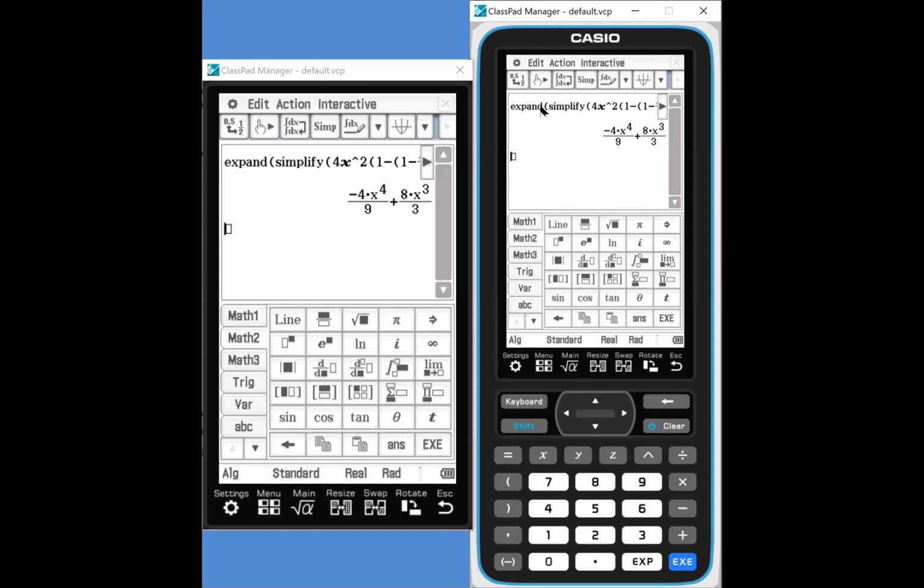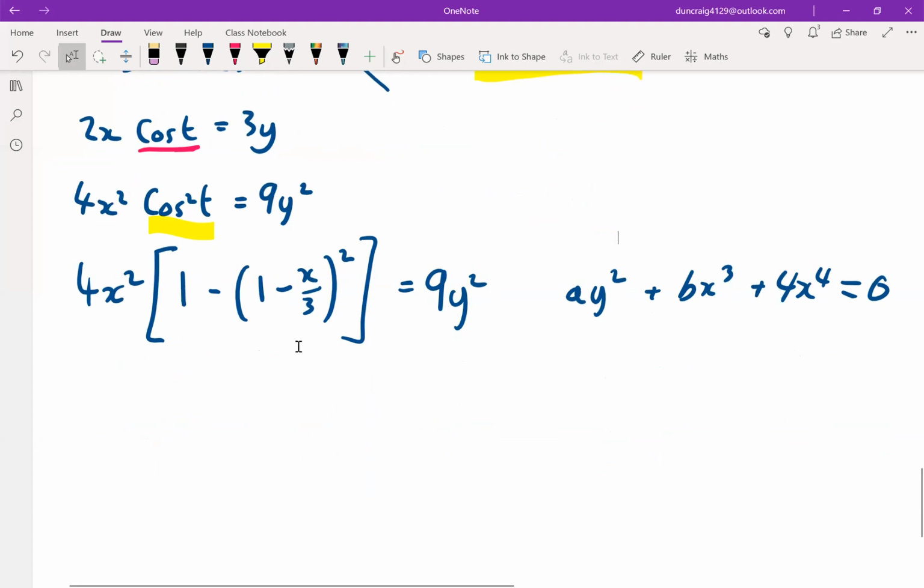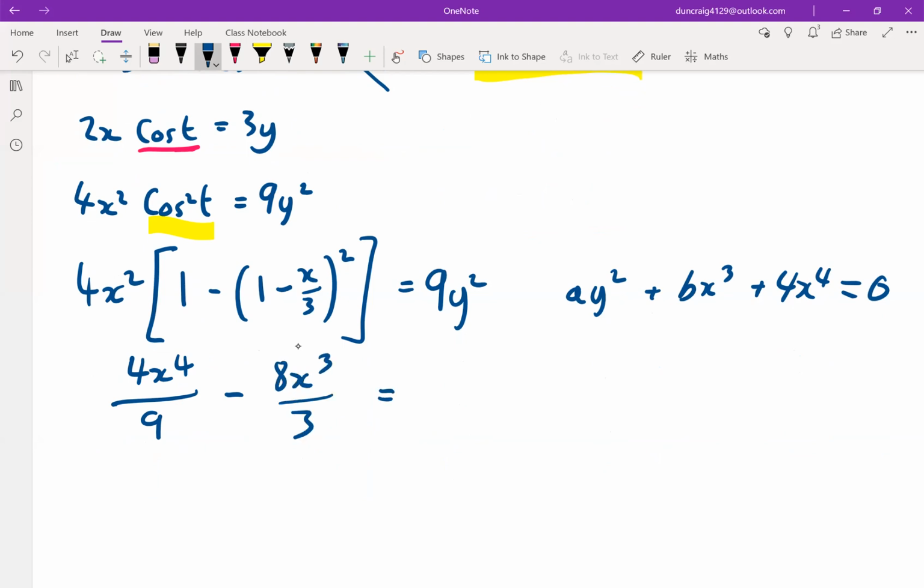Cool. So I'm just going to write that down. So I've got it here: minus 4x to the 4 over 9 plus 8x cubed over 3. Cool. So let's come back to our page over here. We said that that's going to give us 4x to the 4 over 9 take 8x cubed over 3 is equal to 9y squared.